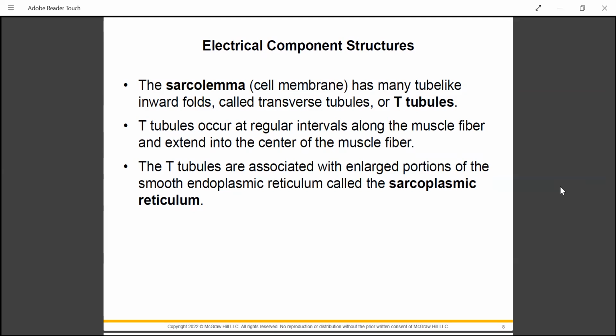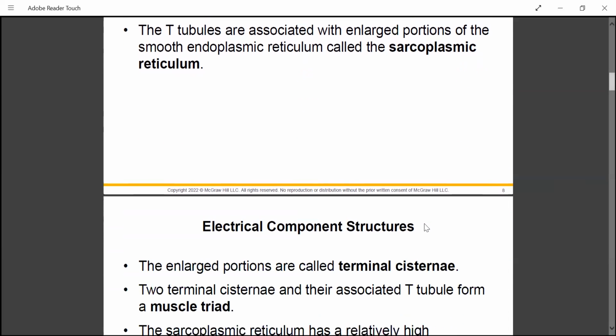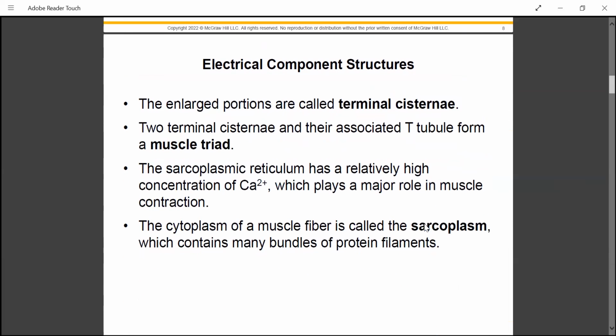So the T tubules are kind of associated or run near large portions of our smooth endoplasmic reticulum or smooth ER. In the muscle, we call this the sarcoplasmic reticulum or the SR. So the enlarged portions of our sarcoplasmic reticulum are the terminal cisternae.